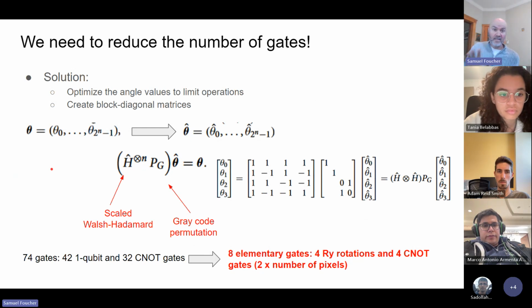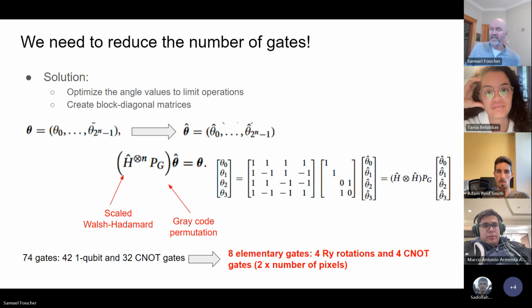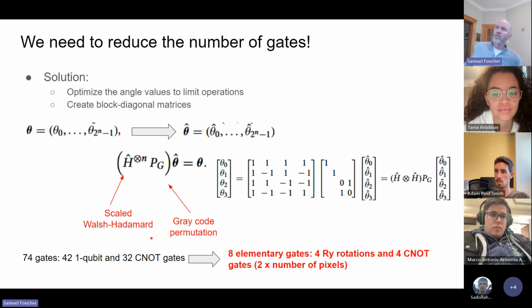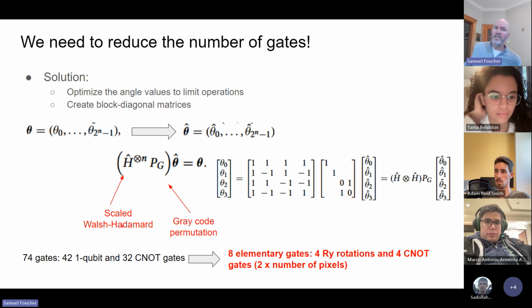So it's where it gets really a little bit crazy. I'm skipping the details a little bit, but what they did is that they look at a way to modify the Hadamard to get a better operator, which is known as the Walsh-Hadamard transform.